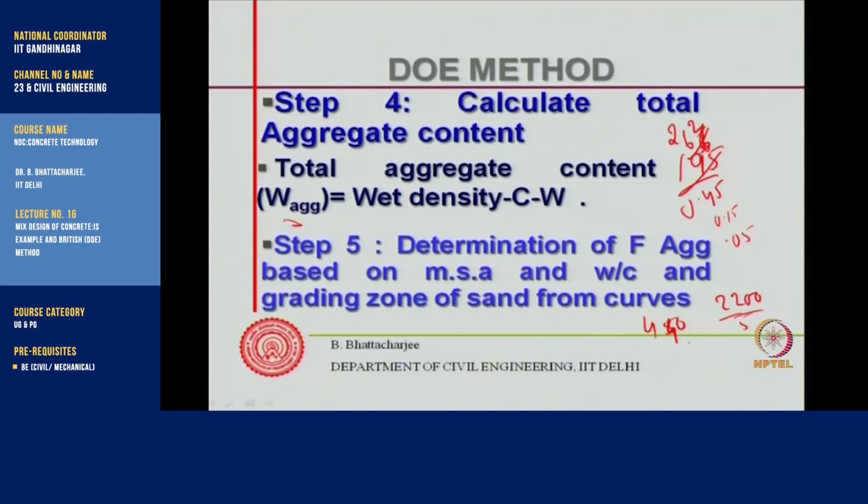So 440 will be the amount of cement you require in this particular case, because 195 divided by 0.45. But if you use plasticizer, you can reduce this 195 by 25%, and the cement consumption will also go down. So, that is how we find out.